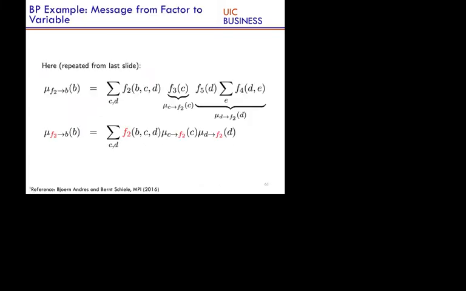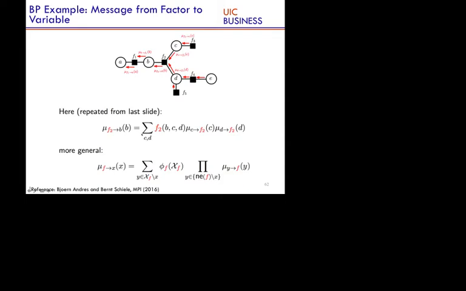That's what we see here. This f2 is a phi, and these two are the messages that it received from the variables. These are the messages from the variables, and this is the factor local to that node itself. And this summation is over everything else. If I'm going to pass a message to B, then I should sum over everything else other than B. So that's what's happening. In fact, the same thing is rewritten here.